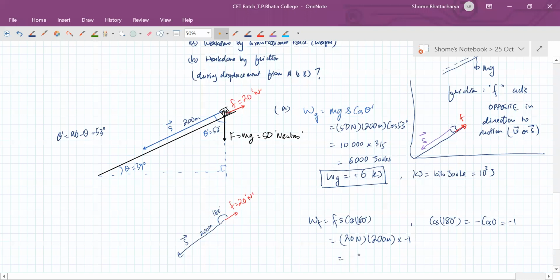So it will be minus 4000 joules, or minus 4 kilojoules. So hope you have understood this properly, all of you.